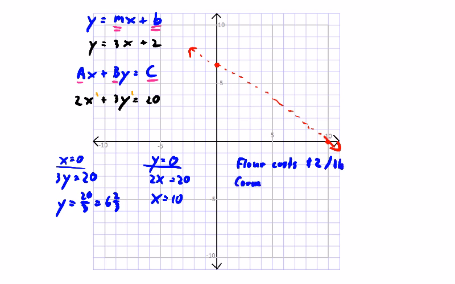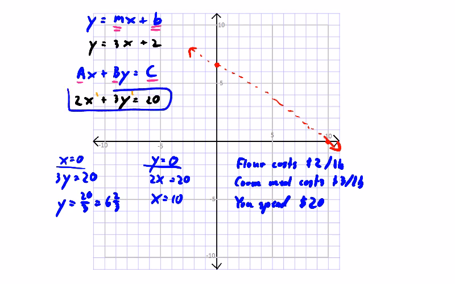Cornmeal costs $3 per pound. And let's add in, you spend $20 on these items. The relationship that we have, 2x plus 3y, defines that completely.